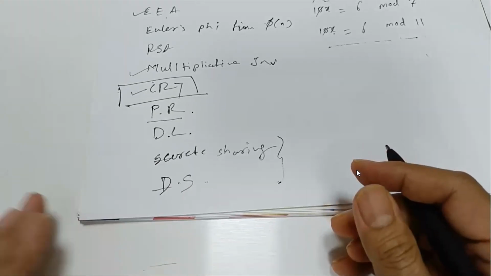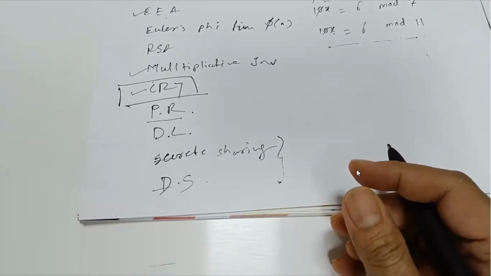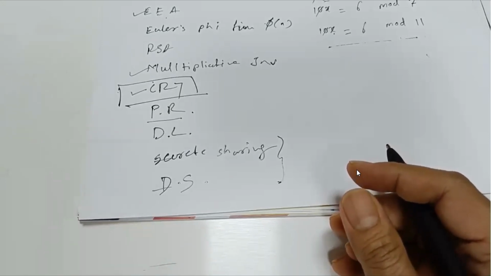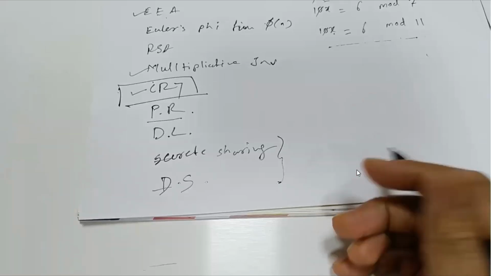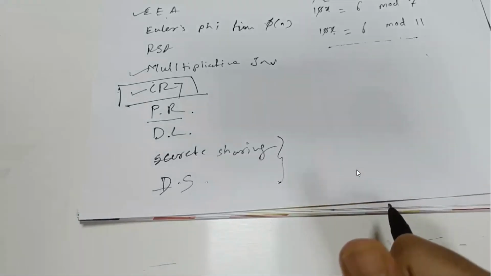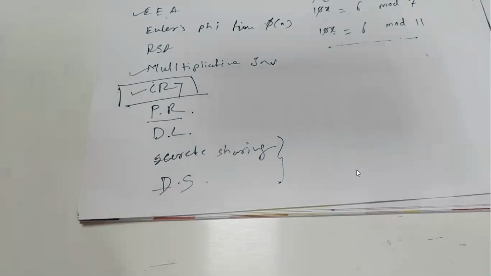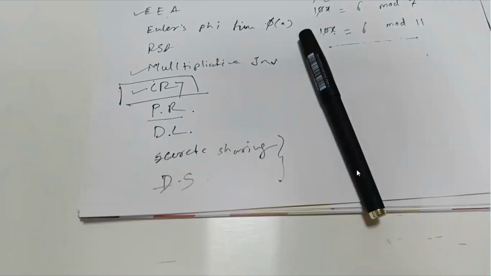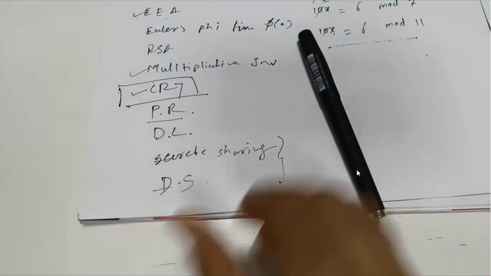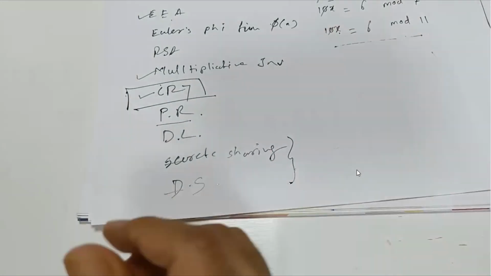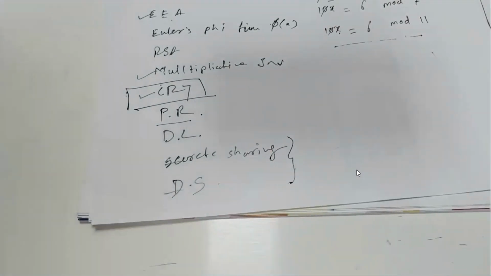So by this week we will be finishing unit 2, definitely, and maybe next week we can think of starting unit 3. Or we can just take a revision of the first 2 units, depending on your inputs. We'll do that.